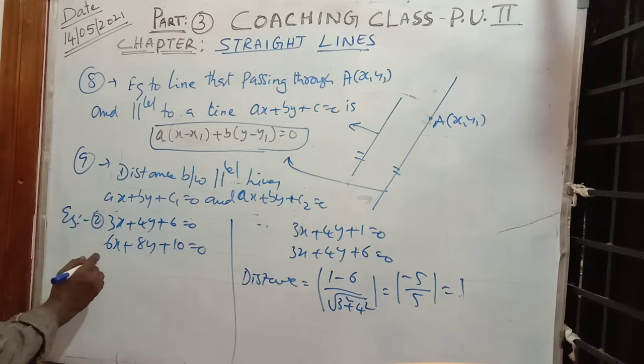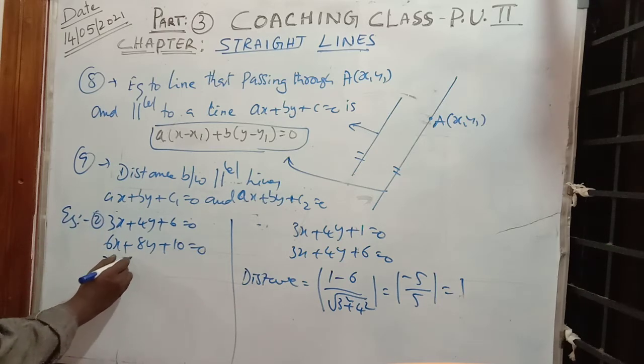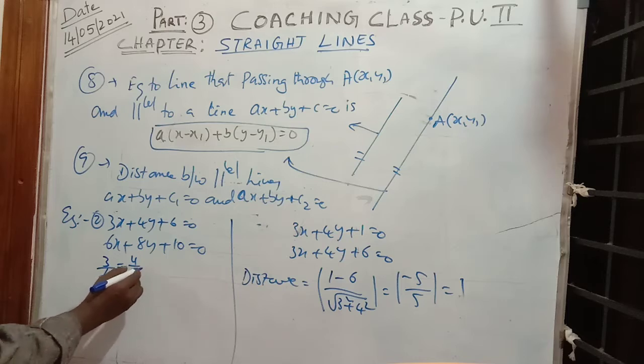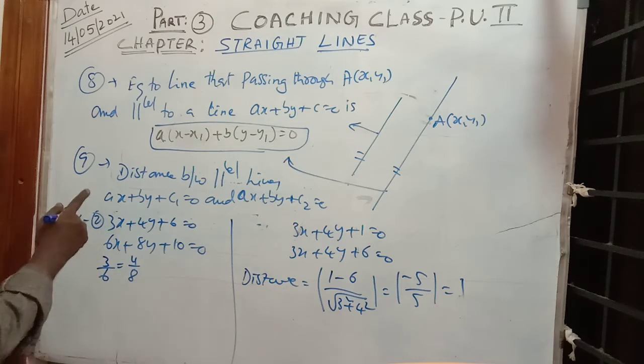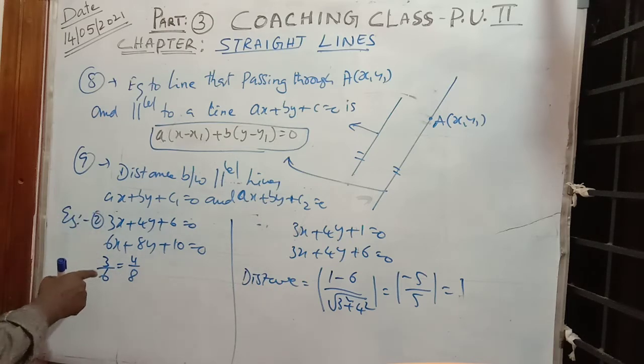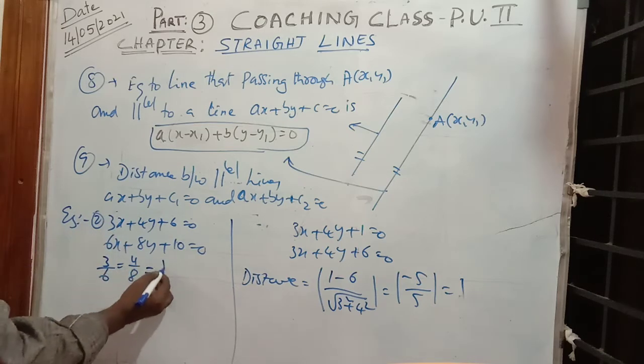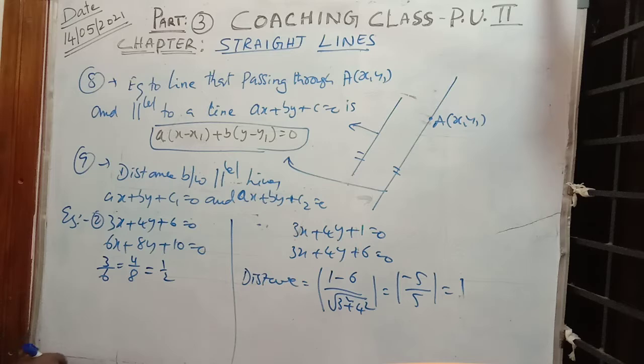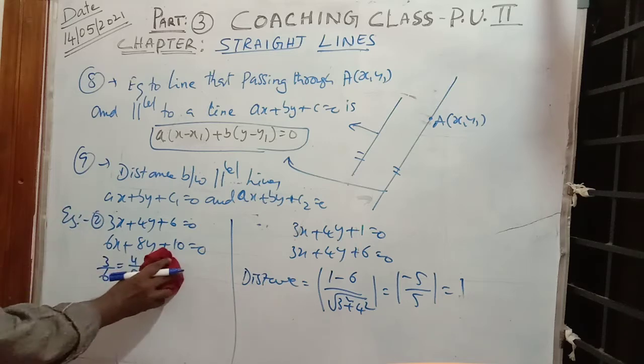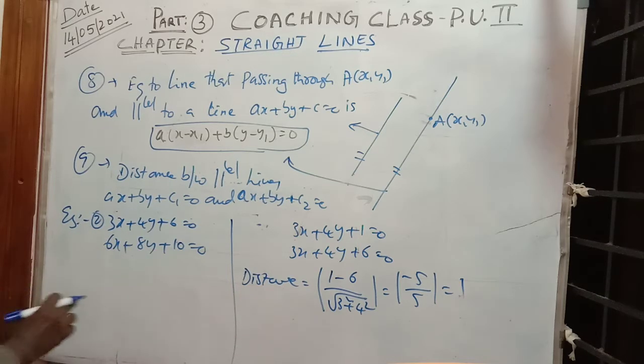But in the same ratio, 3 by 6 is equal to 4 by 8. The ratio a1 by a2, b1 by b2, if it is equal, that means it is 1 by 2, it is also 1 by 2. So they are parallel.